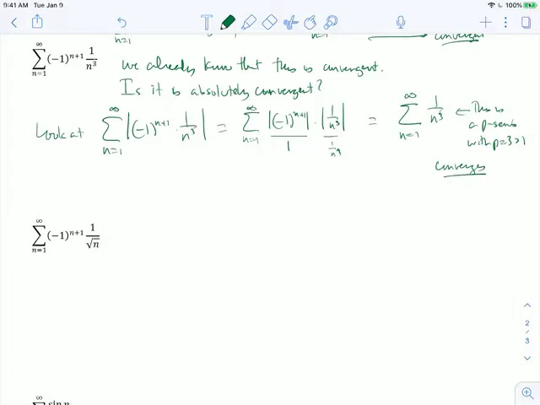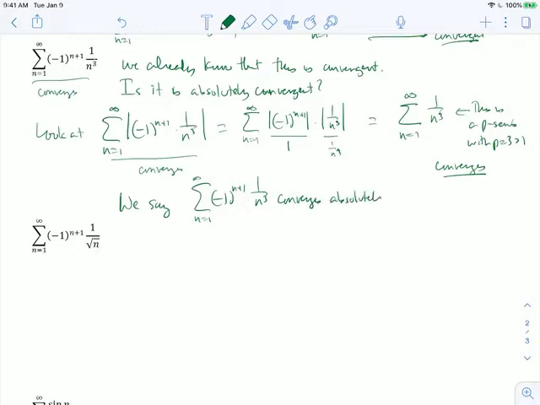So if this series converges and this converges, then we say that the original given series converges absolutely. And the absolute here is referring to adding up absolute values of all the terms.